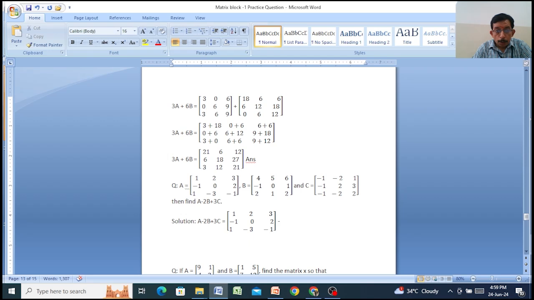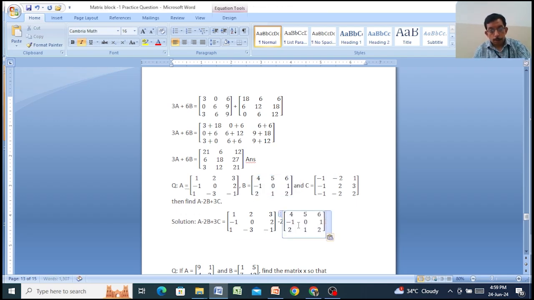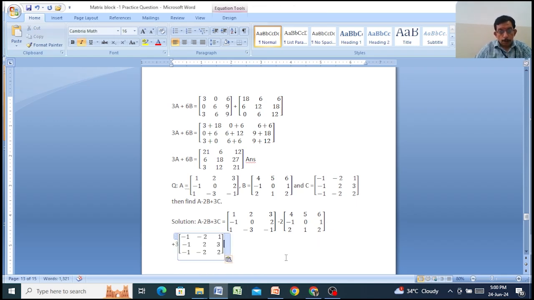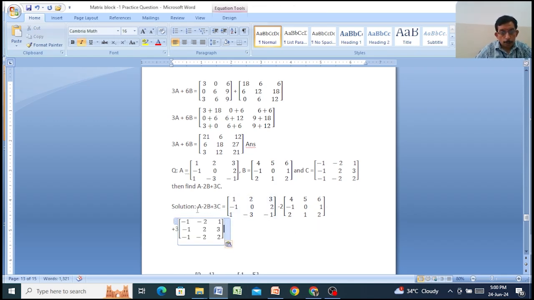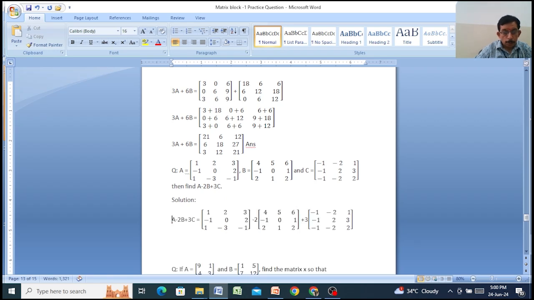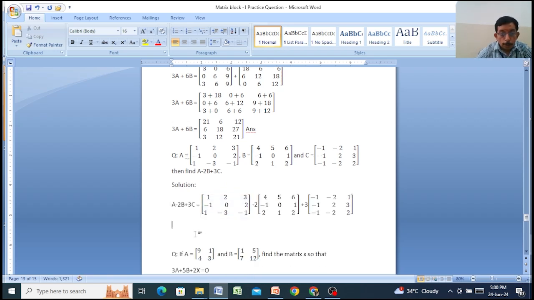Minus 2B, put down the value of B in the given position. Now 3C, put the value of C in the right position. Now simplify. First we do the scalar multiplication.